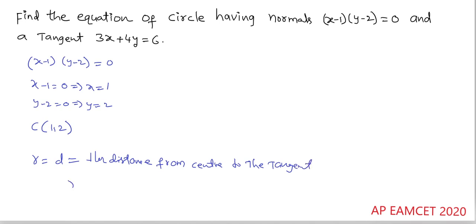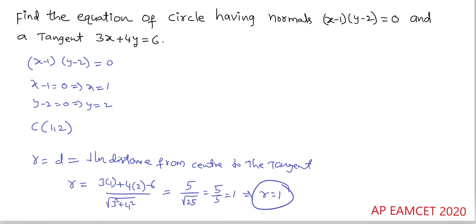That is R is equal to 3 into 1 plus 4 into 2 minus 6 by under root of 3 square plus 4 square. That is 3 plus 8, 11, 11 minus 6. This is 5 by under root of 3 square plus 4 square, that is root 25. That is 5 by 5, that is equal to 1. Therefore, R is equal to 1. Radius of the circle is 1.